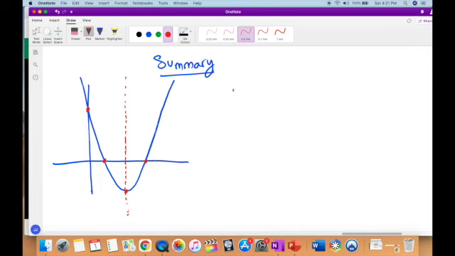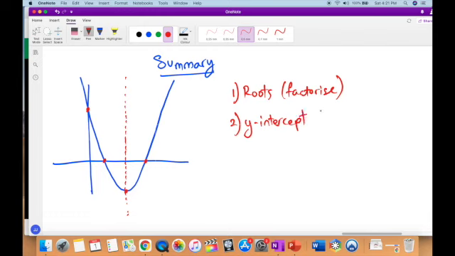So number 1, we need the roots, and that is to factorize. Number 2, we need the y-intercept, and that is when x is equal to 0 in the equation, and you'll get what y is. Or you could just use the c value.